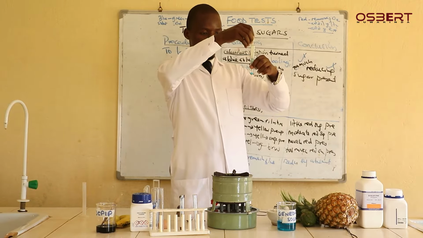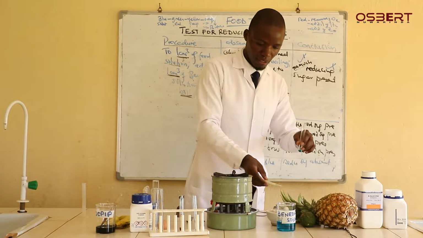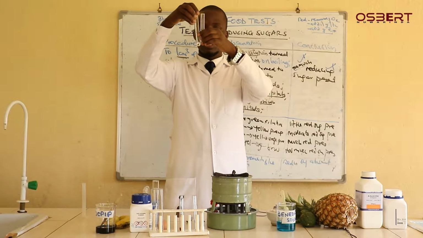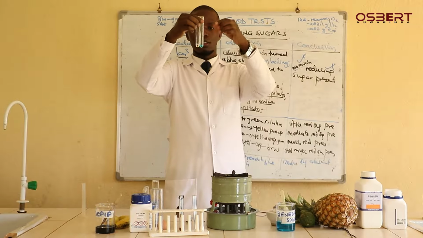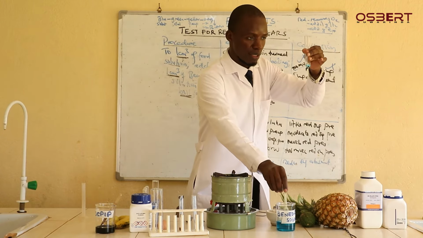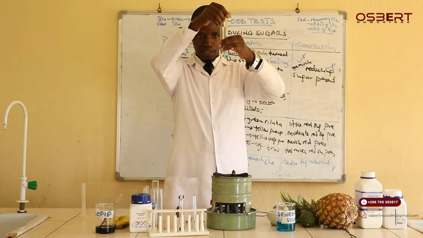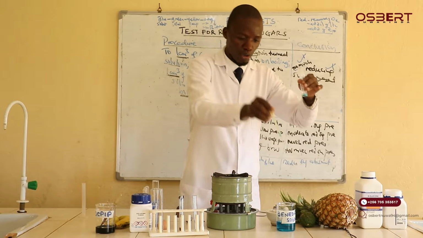So I have these two mixtures here. I have got just water from the tap. I want to add the same quantity of Benedict's solution, and then I boil and I see.